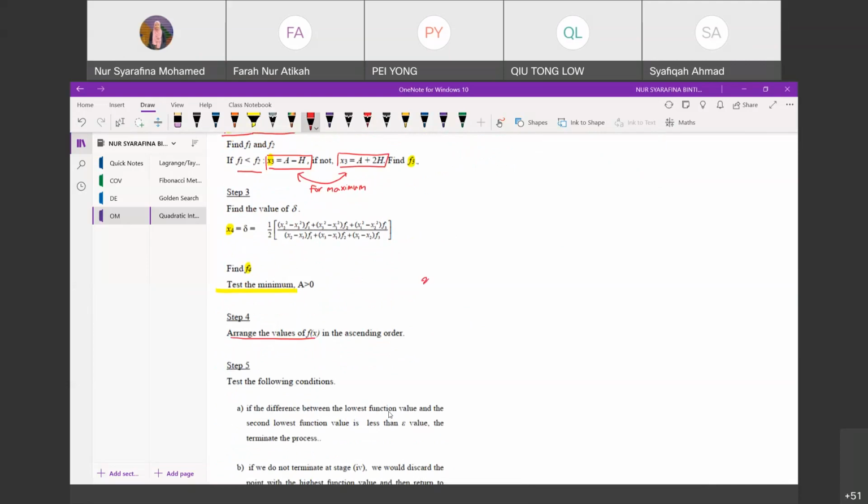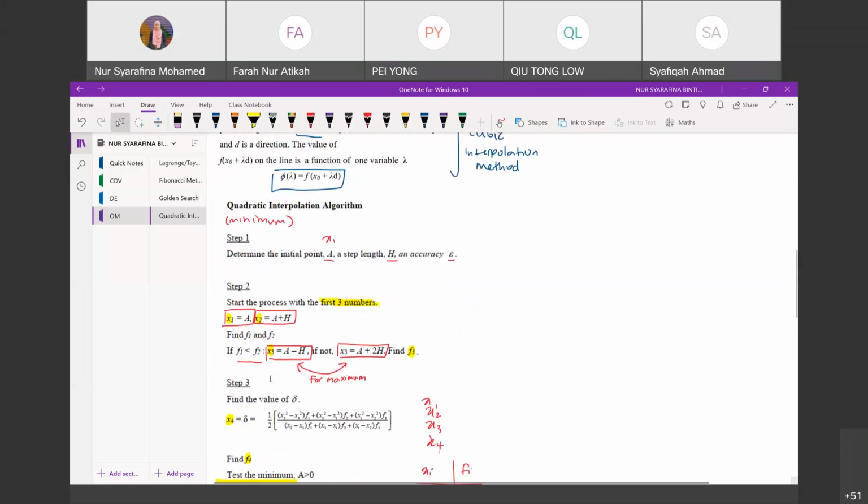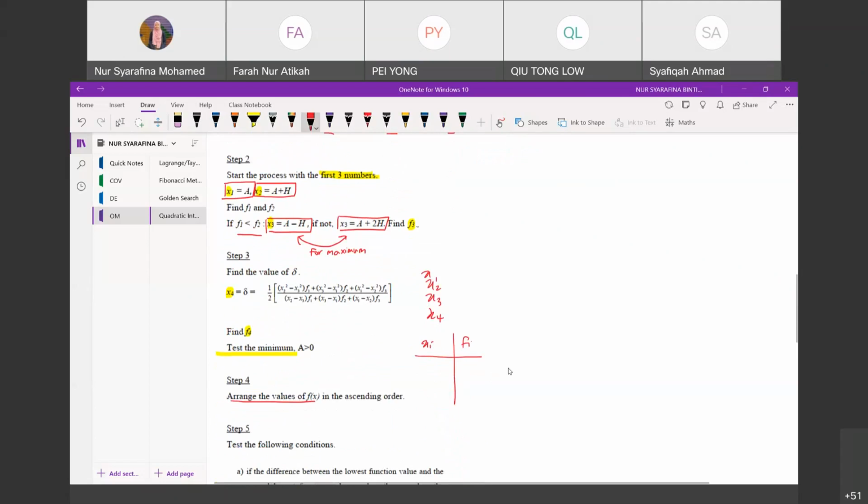So you have your xi, you have your fi. Initially, you know x1, x2, x3, and x4 by calculating the values from step 2 and step 3. But now in step 4, you have to arrange this in ascending order. So your x1, x2, x3, and x4 in step number 4 may differ from the previous values. Understand or not? Later we are going to take a look at the example.